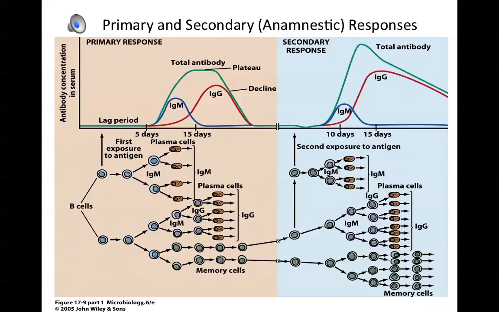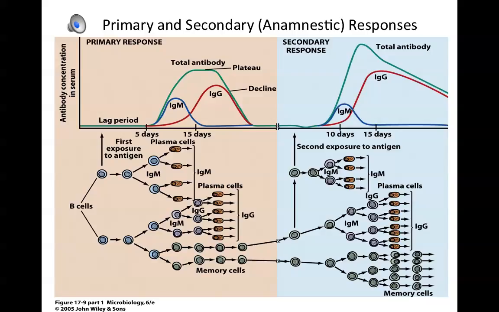Because it's not simply causing the B cells to undergo mitosis, they're also being transformed, at least 80% of them, into plasma cells. So once again, our specific immune response is very complicated.